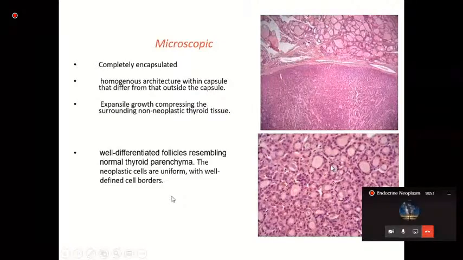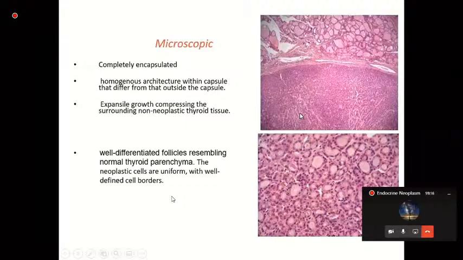What do you think? We said homogeneous architecture with a capsule different from outside the capsule, expansile growth compressing the surrounding non-neoplastic thyroid tissue. This is non-neoplastic, and this is the neoplastic tissue, or the tumor.